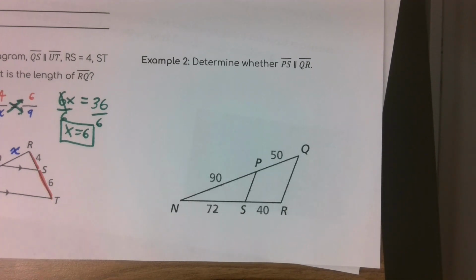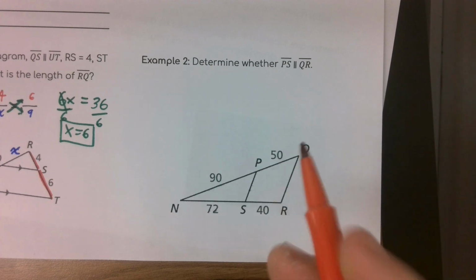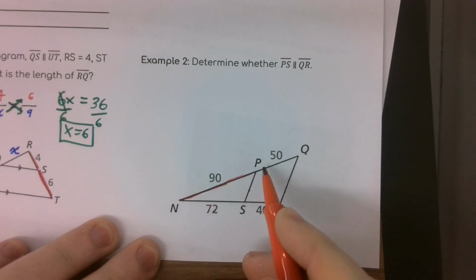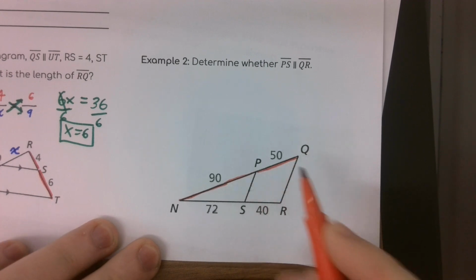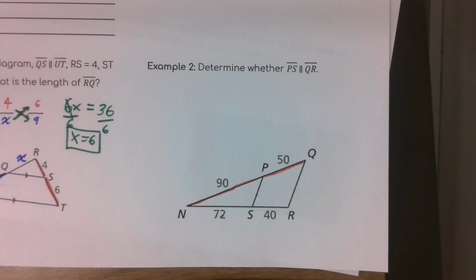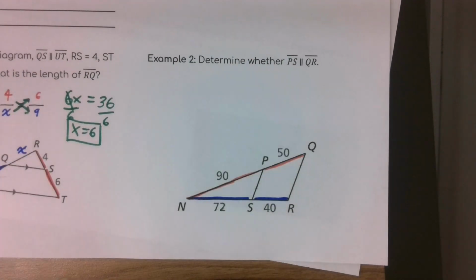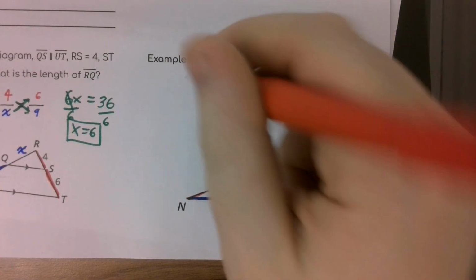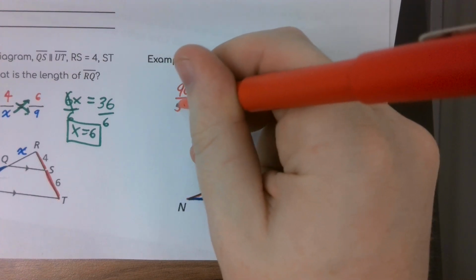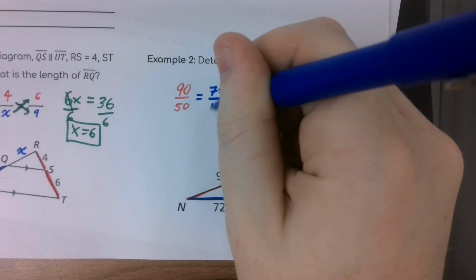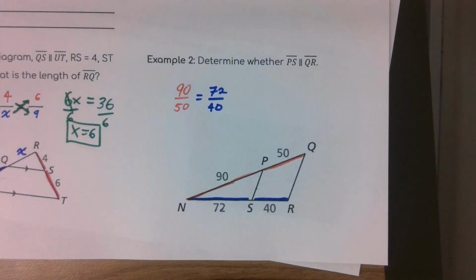How did we do? In this problem, we can compare any corresponding parts to each other. So we can compare 90 and 50, for instance, to 72 and 40 to see if they're proportional. Well, 90 divided by 50 should equal 72 over 40 in this case. And there are two ways of solving this.